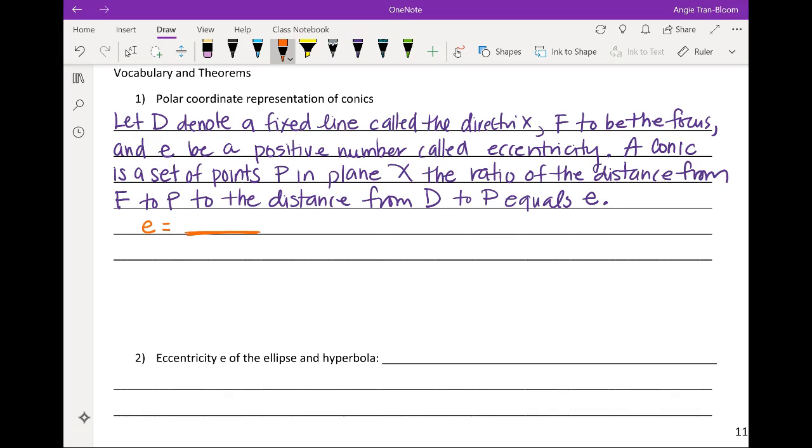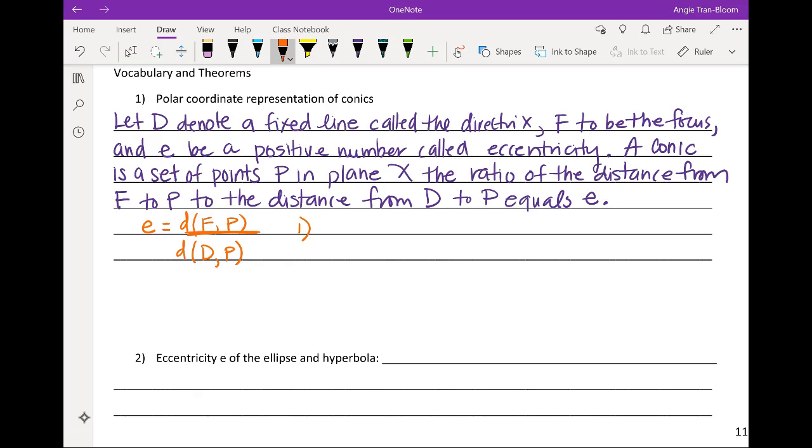The numerator. The distance. We use little d for the distance. Distance from F, which is the focus, to this point P. The ratio of that, the numerator, to what? Another distance, right? The second distance from where to where? See, not so bad. That equals E.